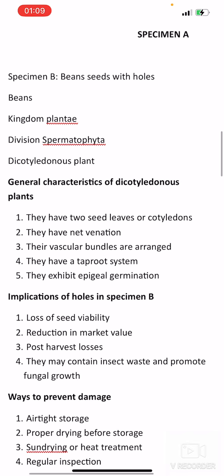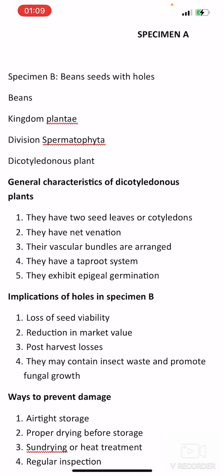Now let me quickly talk about Specimen B. Specimen B is bean seed with holes. The beans are under the kingdom Plantae and the division Spermatophyta. For the kingdom Plantae, we don't use phylum; we use division, and they are dicot. Let's now look at the general characteristics of dicot.